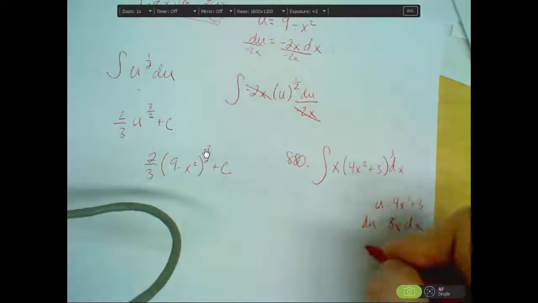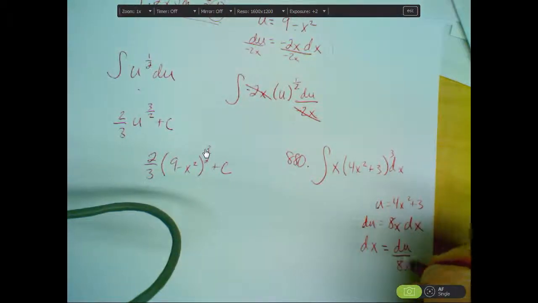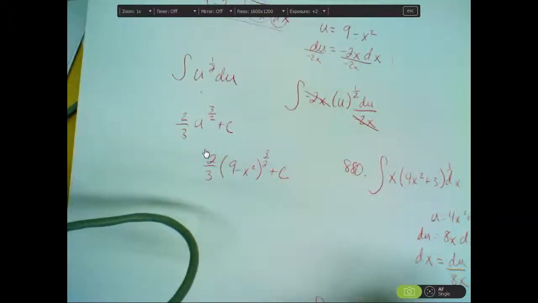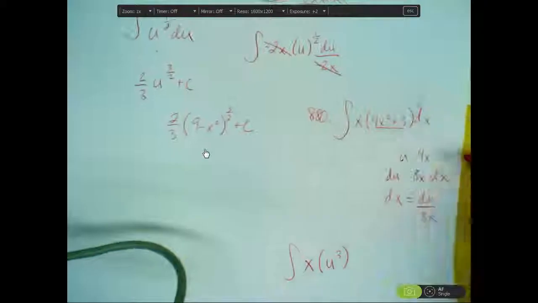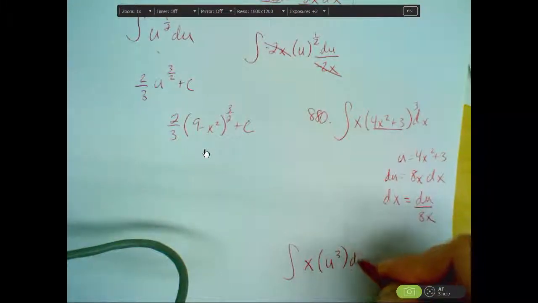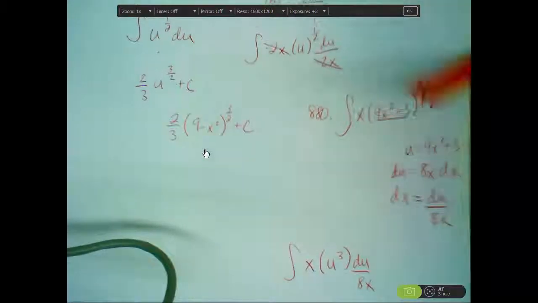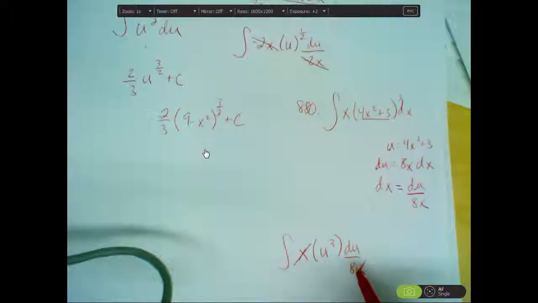So now, let's do the substitution way. dx equals du over 8x. I'm going to rewrite this integral. The integral of, the x stays the same. This thing is u. I'm going to replace dx with du over 8x. Okay, now let's simplify a little bit. This x and this x cross out.